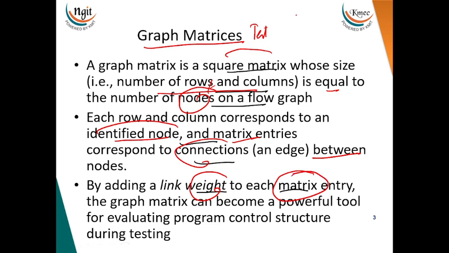Now let's take an example. I have 1, 2, 3, 4. So I have got 1 to 2 connection, 2 to 3 connection, 3 to 4 connection.